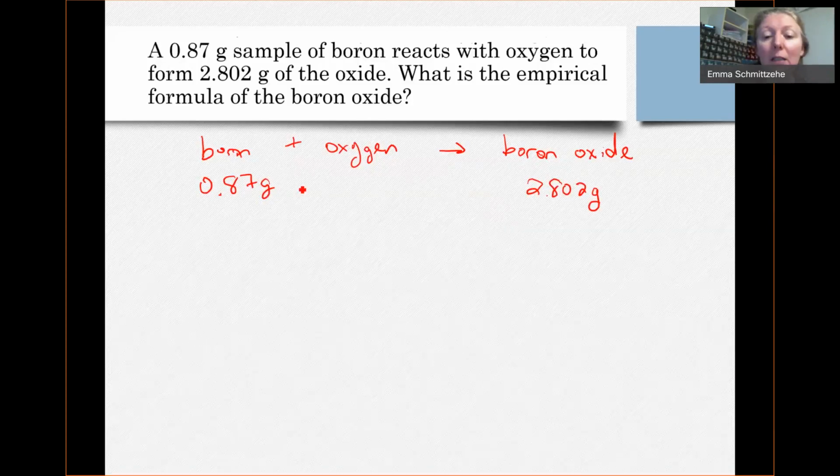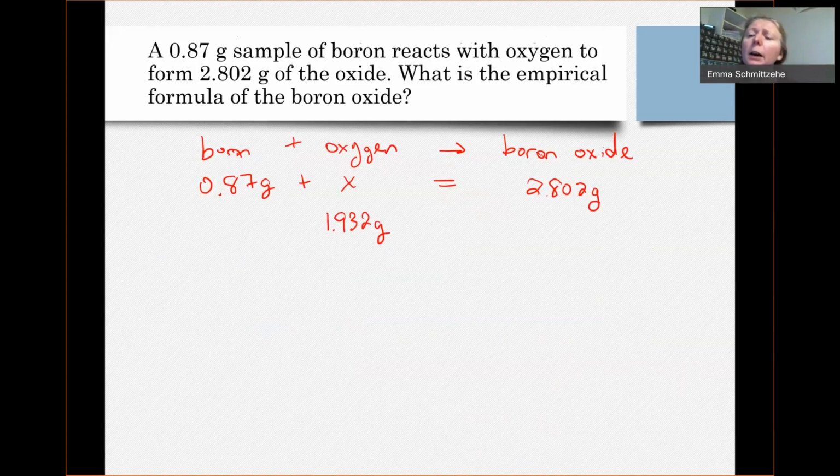That means that however much oxygen we had has to sum with the boron and equal 2.802. So I can take the 2.802 and subtract the 0.87, and that tells me that I must have reacted this with 1.932 grams of oxygen. That's the only way I could get 2.802 grams of product.